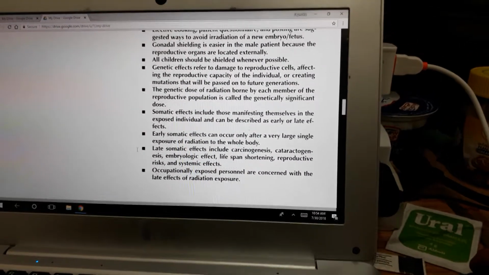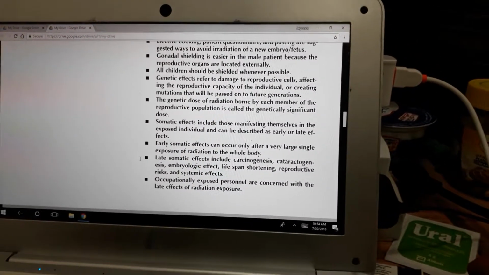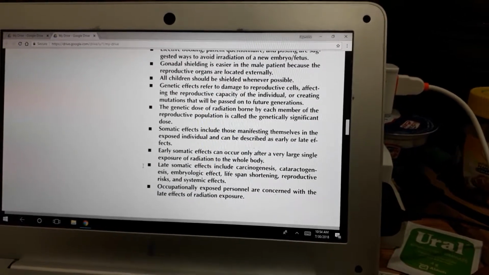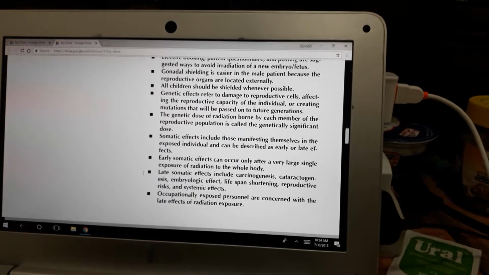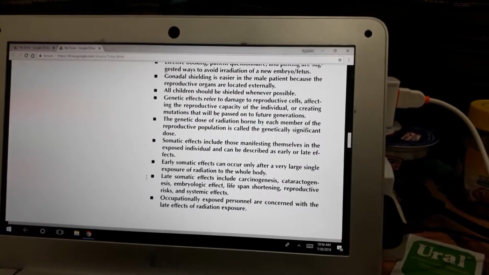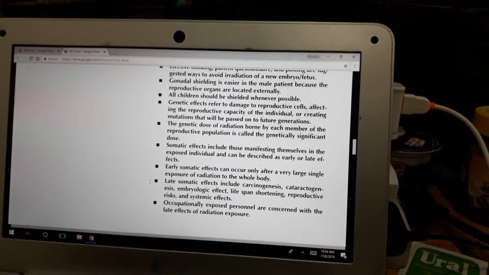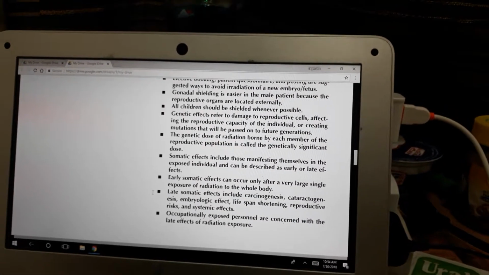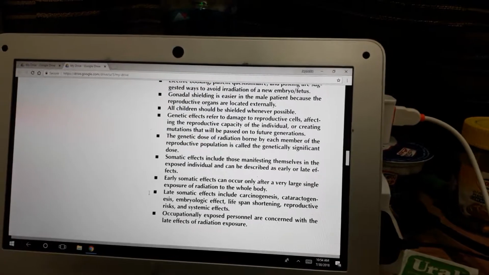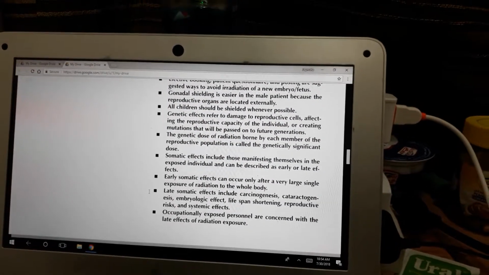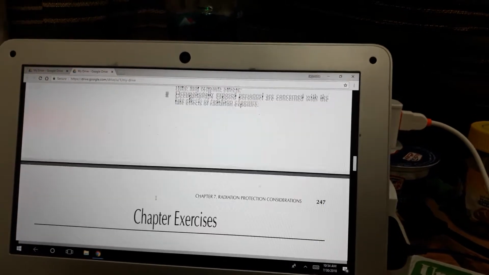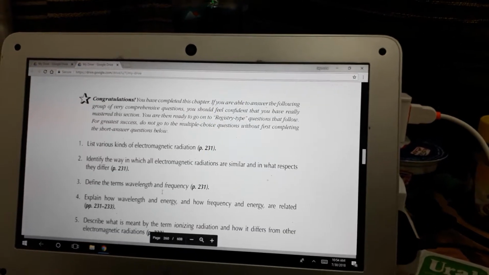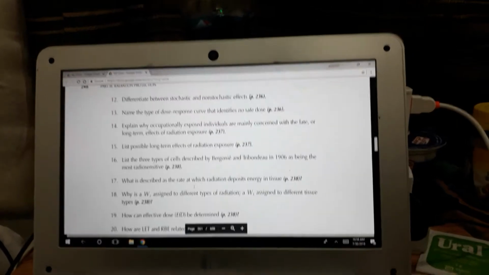The late somatic effects include carcinogenesis, cataractogenesis, embryologic effects, life span shortening, reproductive disorders, and systemic effects. For occupational exposure, personnel are concerned with late effects and radiation exposure. Now we will go to questions.